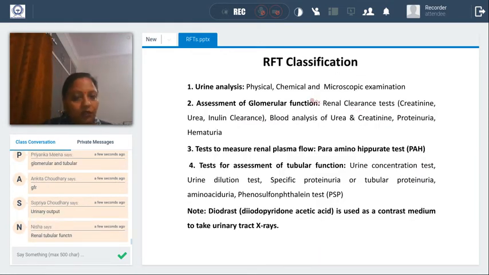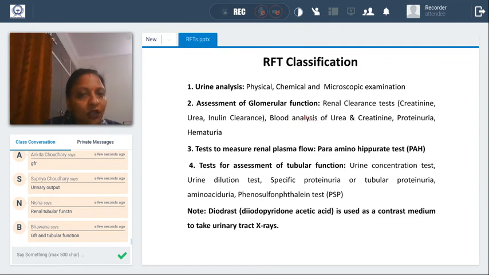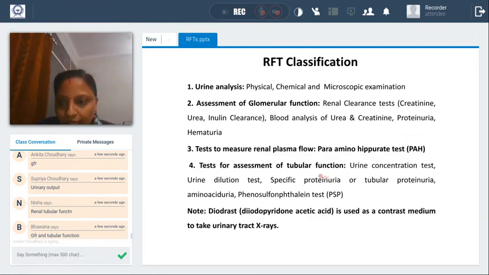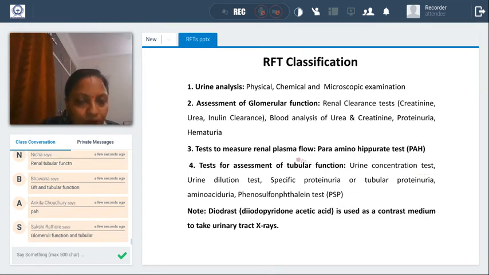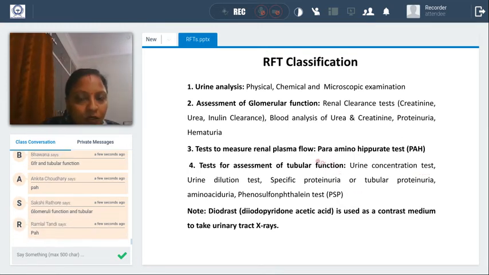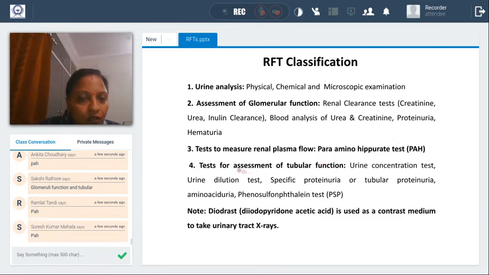RFT classification. Urine analysis, and the assessment of glomerular function by renal plasma flow. Which substance is used to measure renal plasma flow? Please write in the box. Yes, Tamanna. Which compound is used to measure renal plasma flow?